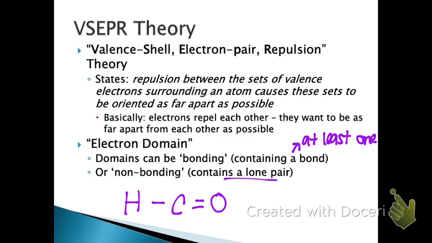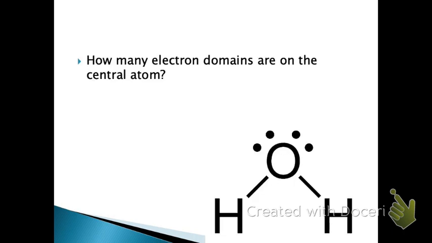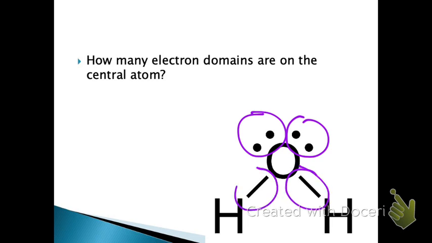Let's look at water. I have the Lewis structure for water up here. How many total electron domains are on our central atom? Four. Let's identify those domains. We've got four total domains: 1, 2, 3, 4. We can't count these as a single domain because they're going to two separate atoms, so we have a bond right there and a bond right there.